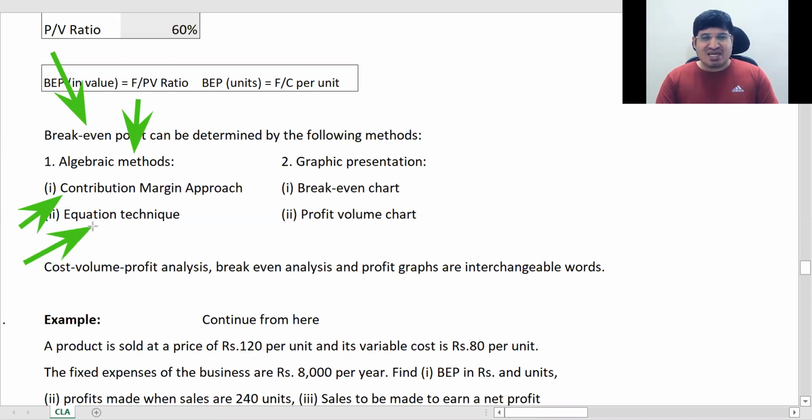Next is equation technique, which is similar to your marginal cost approach. ठीक है, उसी के कुछ equations हम बना लेते हैं based on the same relation and you use that. So these two basically are based on the same parent relation. The contribution margin approach is also an equation in vertical form, correct? ये भी एक equation ही है. So these are called as algebraic methods.